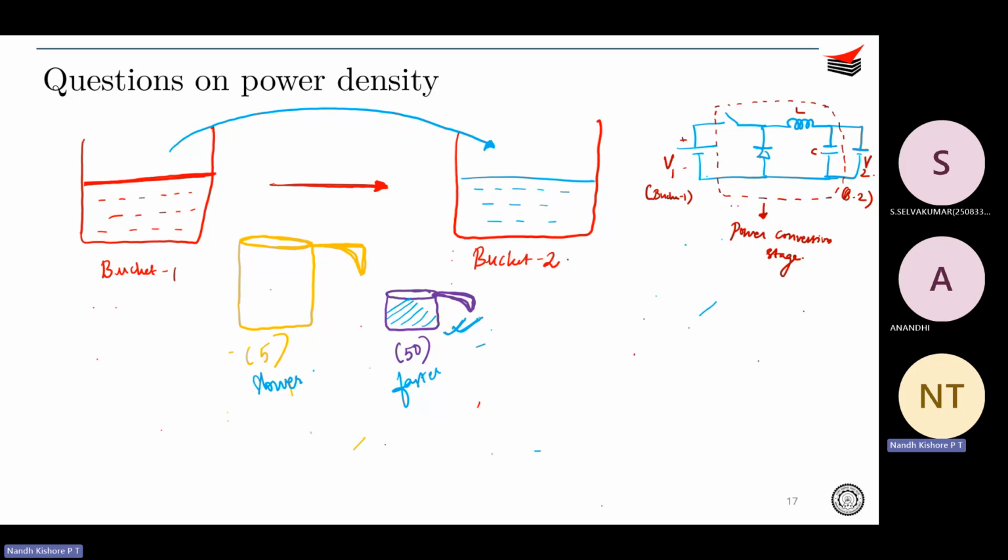Your L and C are your energy storage elements. So you can have smaller values of L and C and do it multiple times, and you can switch faster to transfer the same amount of energy. Or you can have large values of L and C and operate it slower. Do you get it? Are you able to follow how I am relating this L and C to the mugs over here?